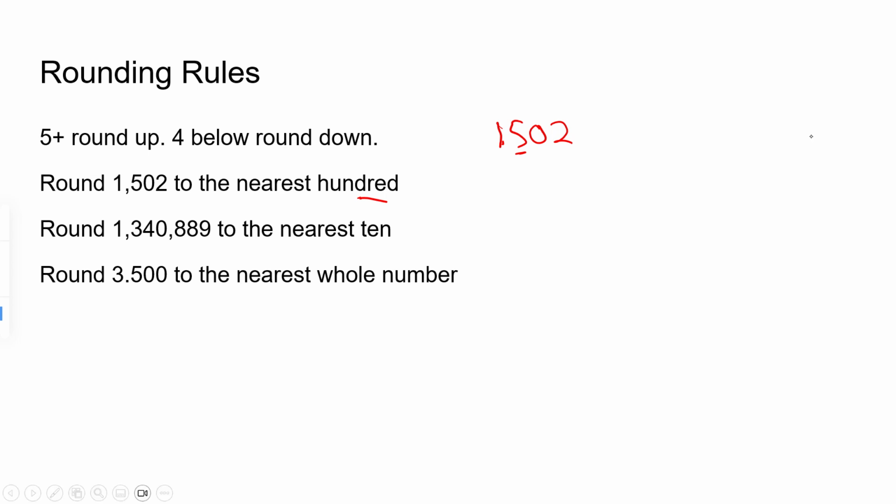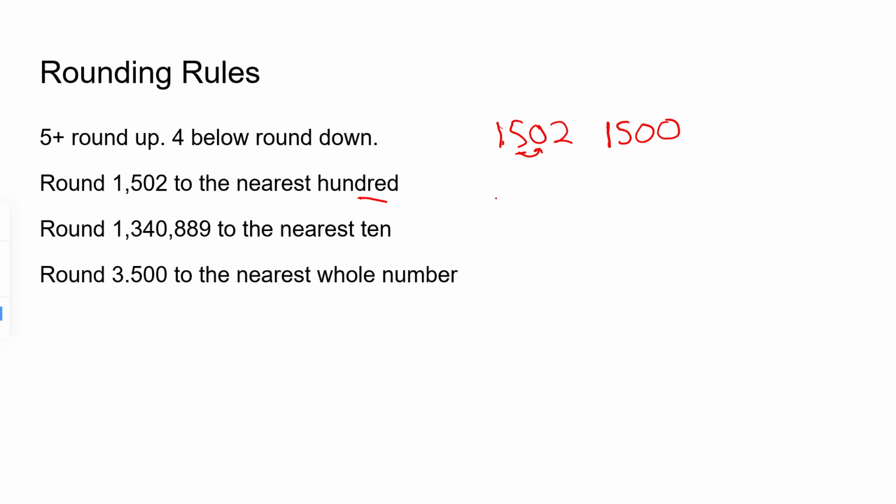So the hundreds place is kind of where we're going to make our determining call. So we're going to look one to the right, and we can see that this is 4 or below. So in order to do this one, we're going to write 1500. We're going to keep the 5 the same and remove the digit 2.